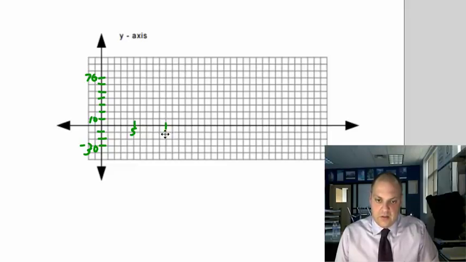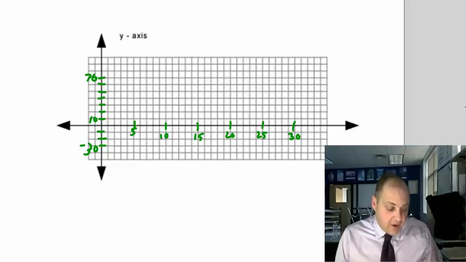That's going to be 10. 1, 2, 3, 4, 5, right there is going to be 15. 1, 2, 3, 4, 5, 20. 25. 30. And that's because we need 30 minutes, it says.